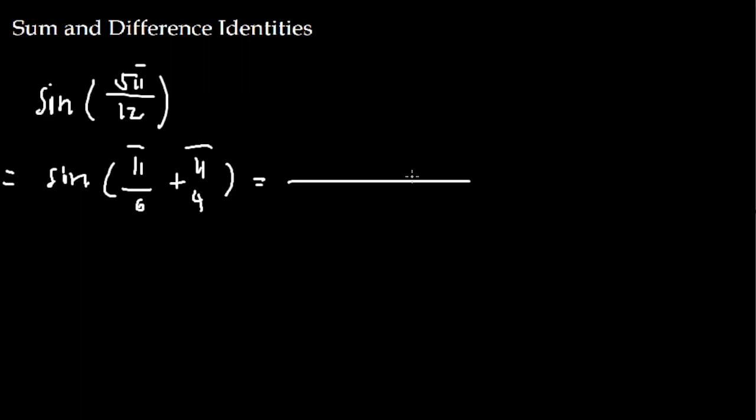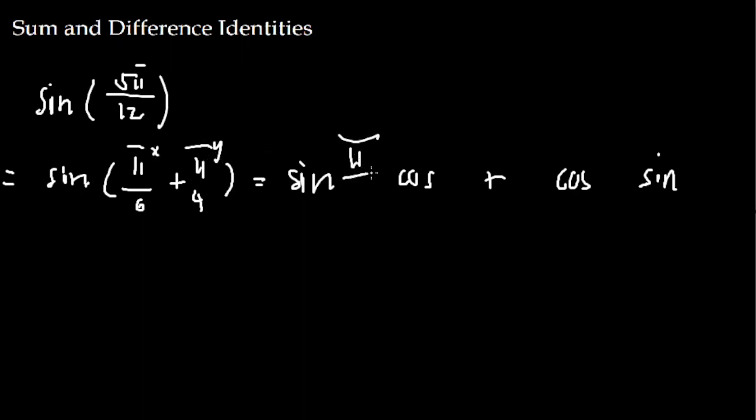Now, the formula is sine x cosine y plus cosine x sine y. Now it's just a matter of writing x and y: pi over 6, then pi over 4, then pi over 6, then pi over 4.